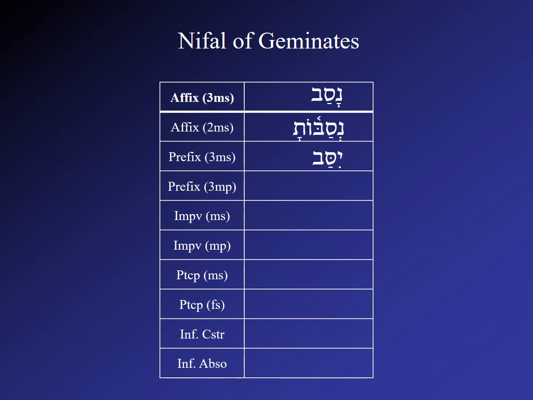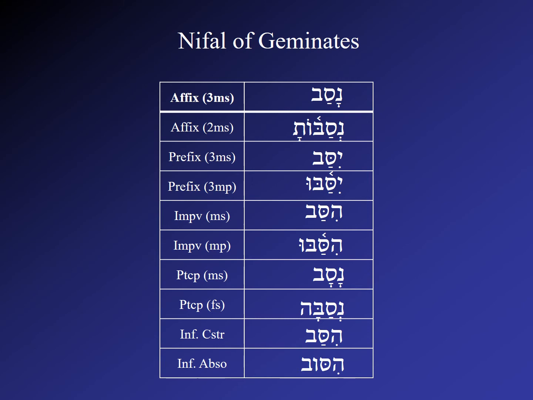There you see the infixed nun of the preformative in the samech, yisav, and the plural yisabu. Imperative, hisab, masculine plural, hisabu, participle nasav, nesaba, infinitive construct hisab, and hisob, the infinitive absolute.